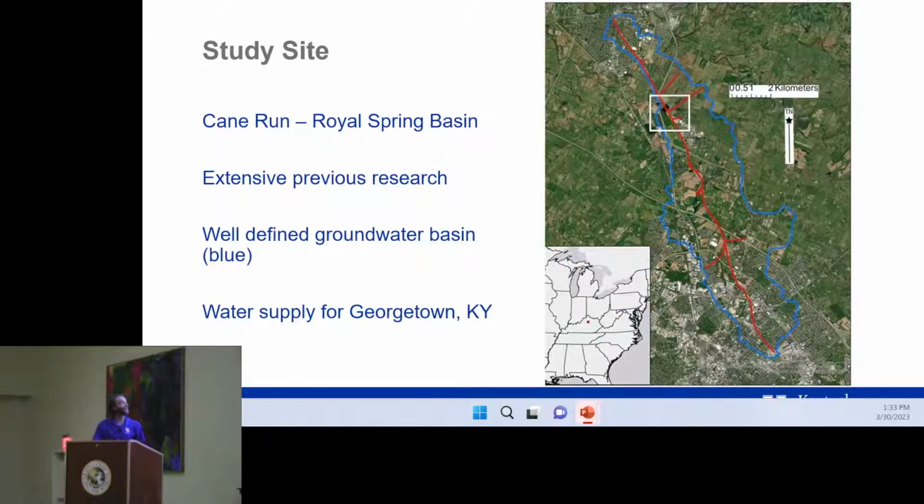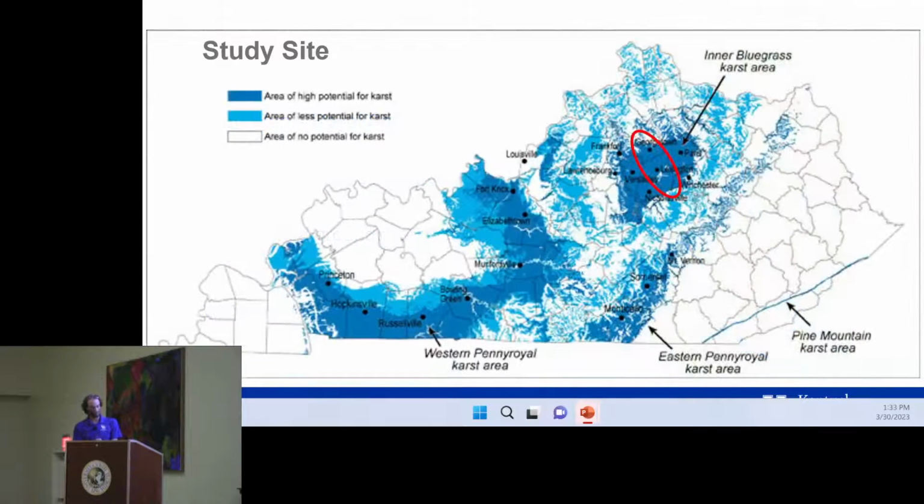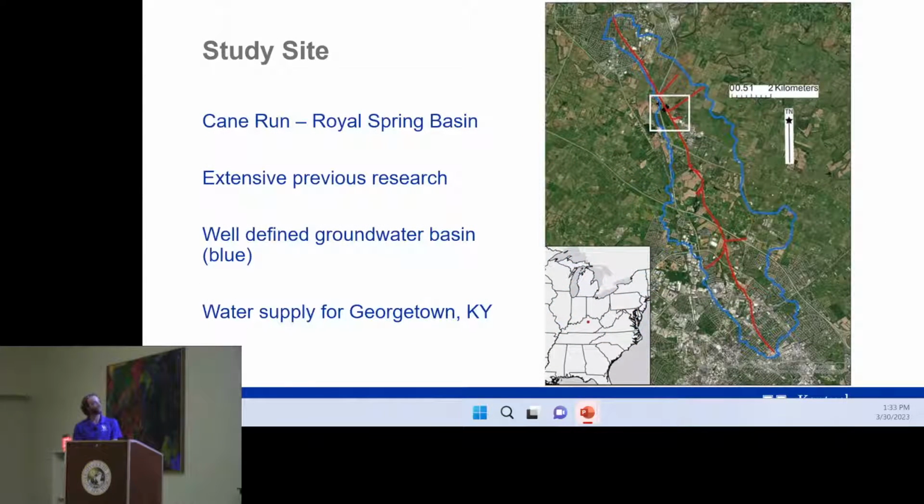Within that, we are going to focus on the Cane Run Royal Spring Basin. On the figure here, the outline in blue is the groundwater basin, and the red line is the main conduit system. This system has been studied since the 80s.